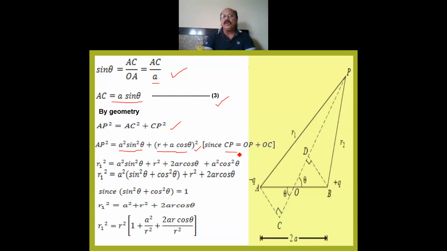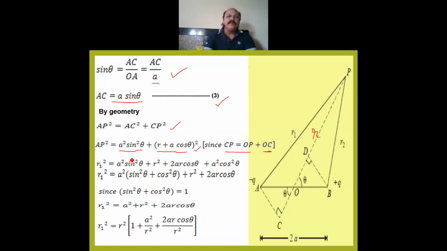Because CP equals OP plus OC, and OC is taken from equation 2, and OP is small r.